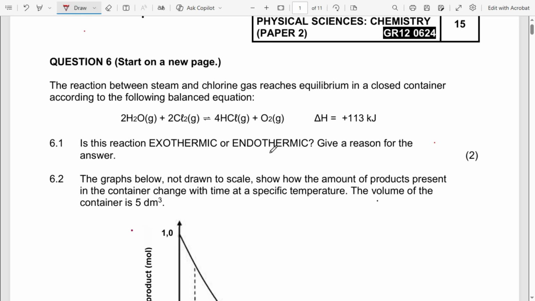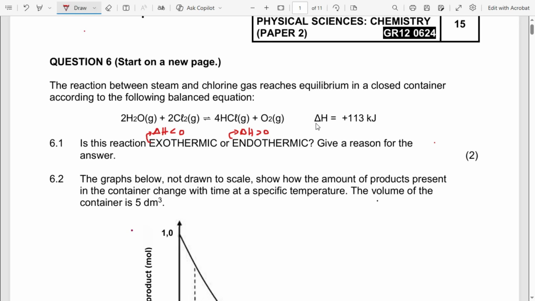Remember, in an exothermic reaction, the heat is released to the surroundings, right? So this tells you that delta H must be less than 0, meaning it must be negative, and for endothermic, delta H must be greater than 0.